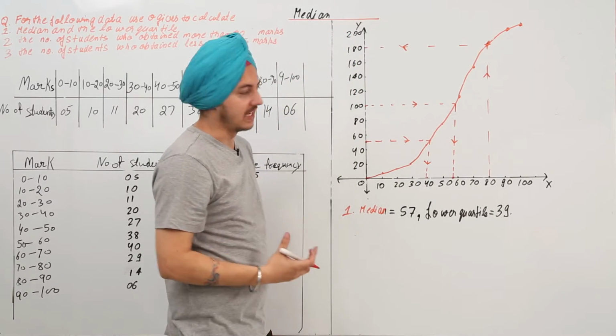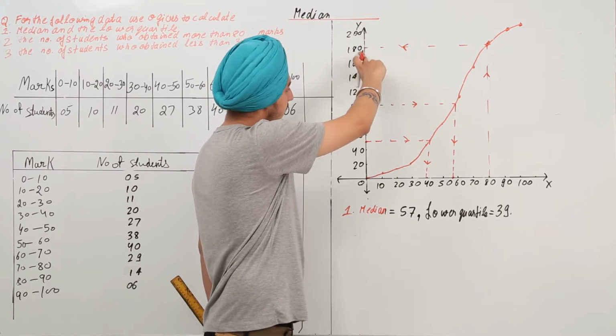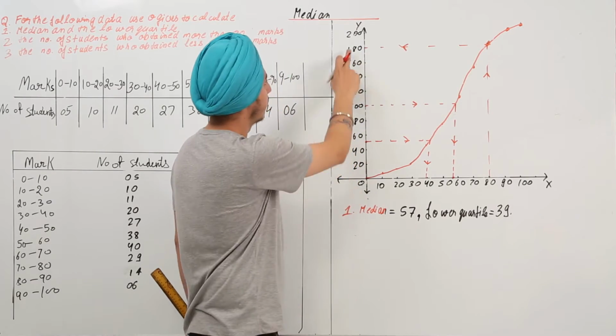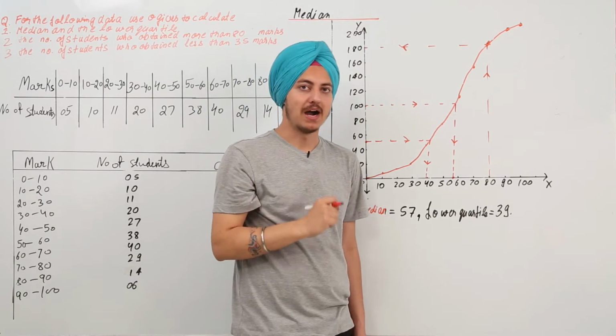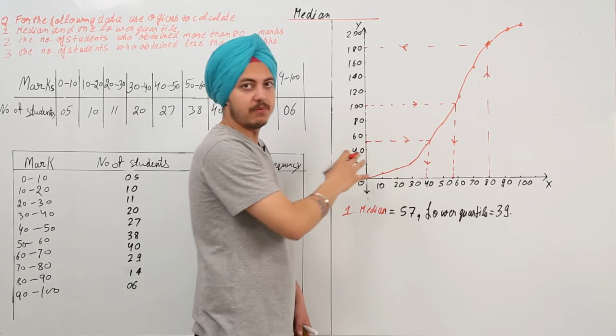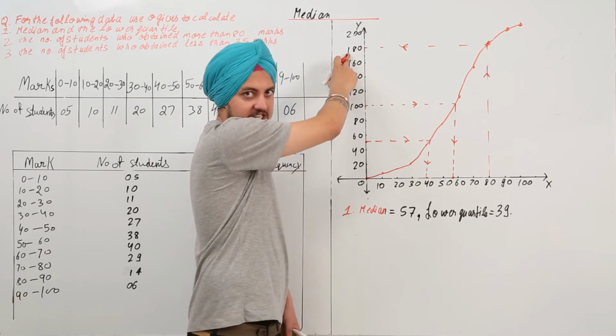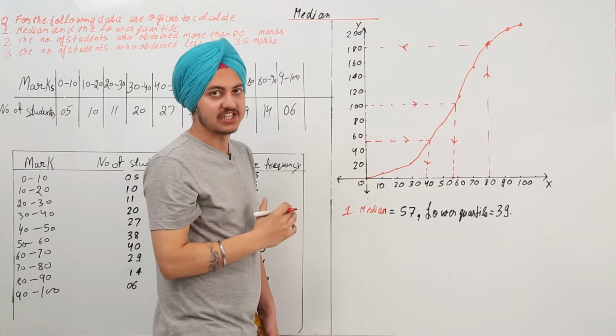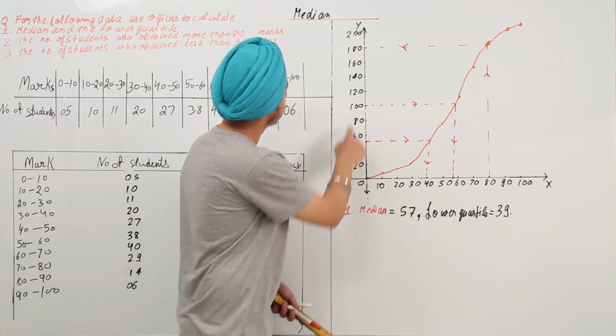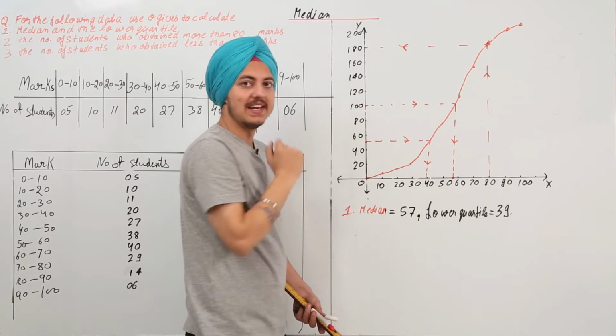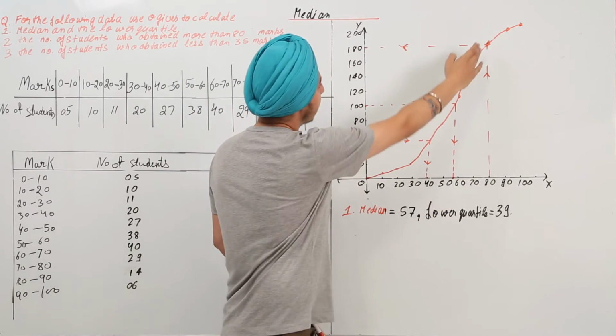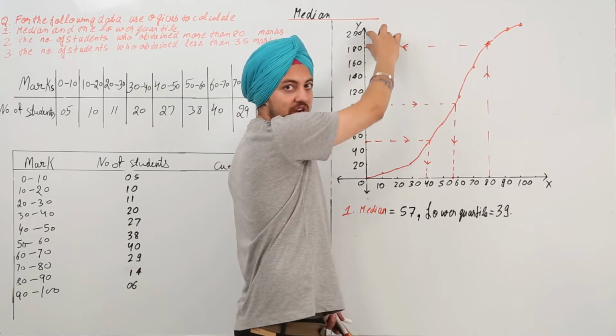So this means that from 0 to 180, the number of students have marks less than 80, right? From here to here, the number of marks are less than 80. More than 80 are just these students, right?